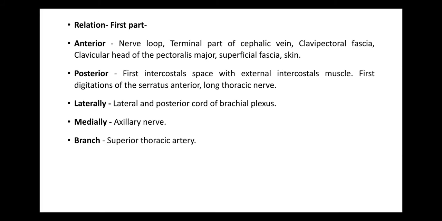Branches of the first part of axillary artery: superior thoracic artery. So this is the relation and branches of the first part. Only one branch, the superior thoracic artery, arises from the first part of the axillary artery.